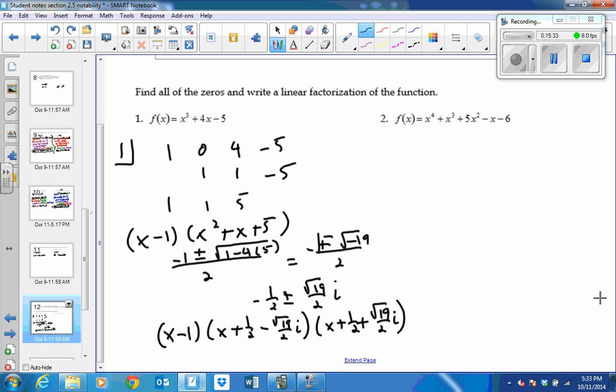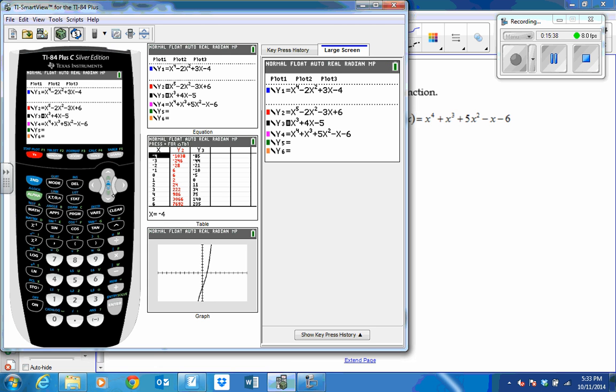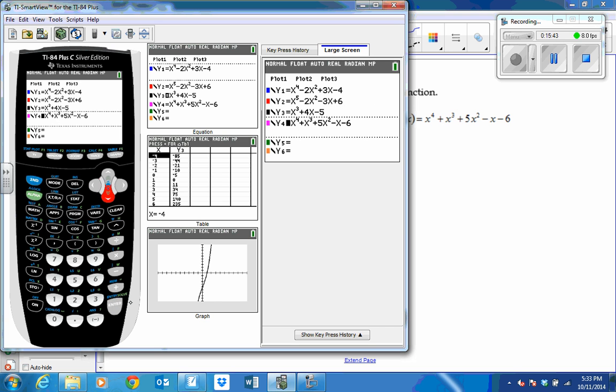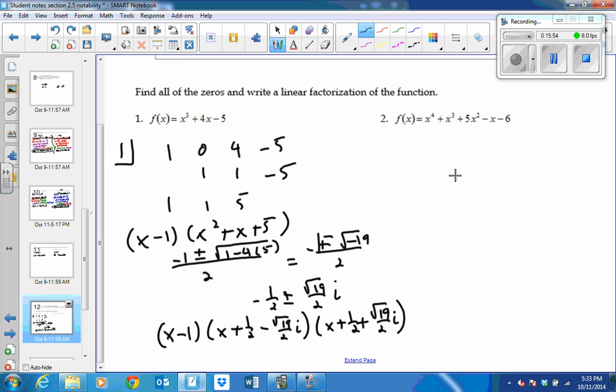Alright, this last one, let's go to our graphing calculator and select that one. So we have zeros at -1 and 1. So when we plug in 1 and we do our synthetic division, we get 1, 1, 5, -1, -6.